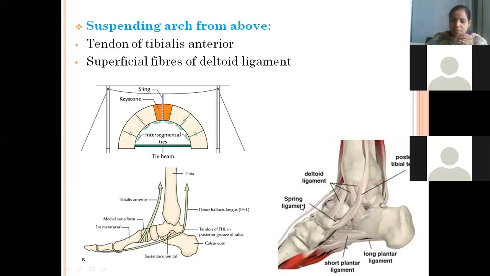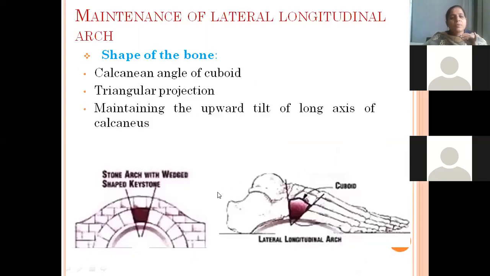In yesterday's class, which joint? Ankle joint. So it has superficial fibers and deep fibers, is it right? How many components does it have? Superficial and deep components, no? Okay. Then, that was all about medial.